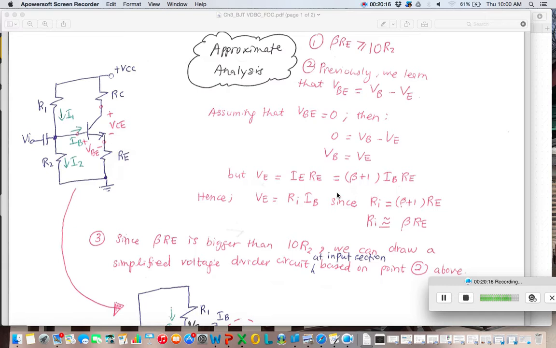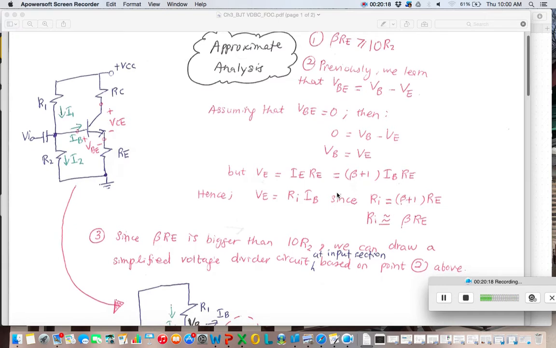Alright, now let's have a look at how to solve VDB using approximate analysis. Okay, point number 2 here. We have learned that VBE is equal to VB minus VE.